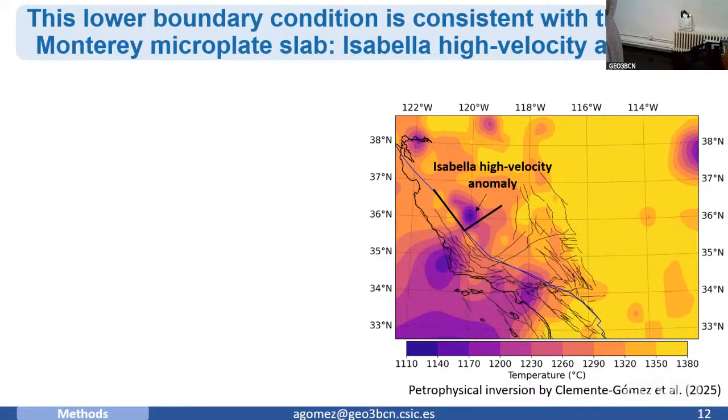But I think this is a pretty robust correlation that we are getting. And actually, I'm pretty happy about that, because it means that temperature plays a really key role in how the rocks are deforming.